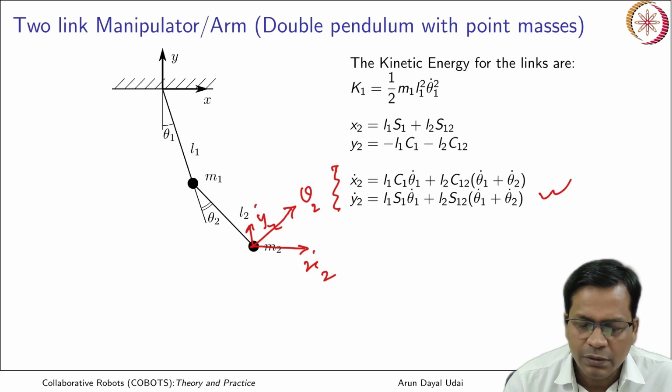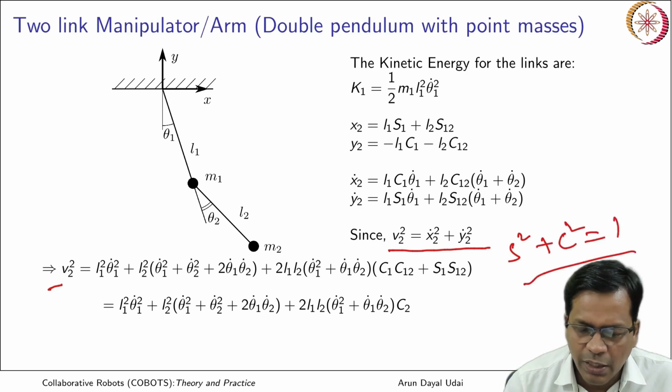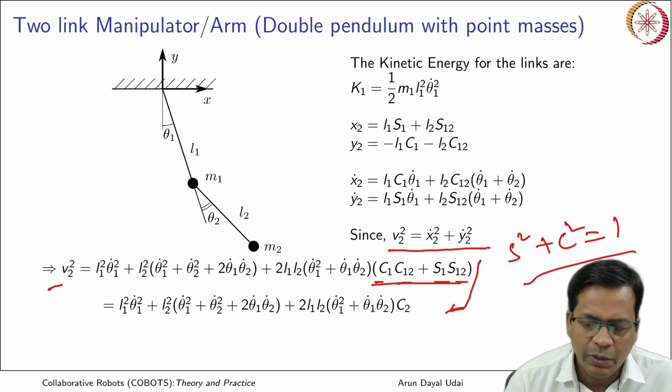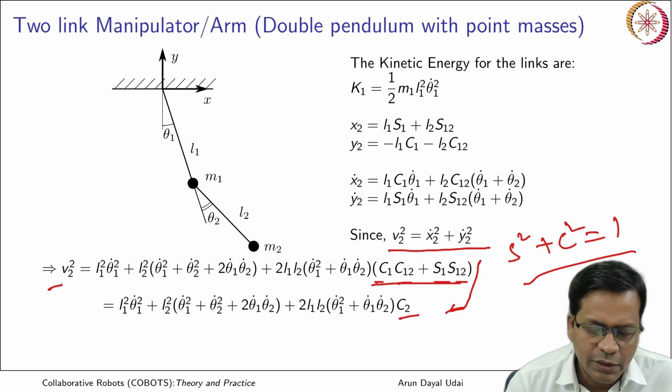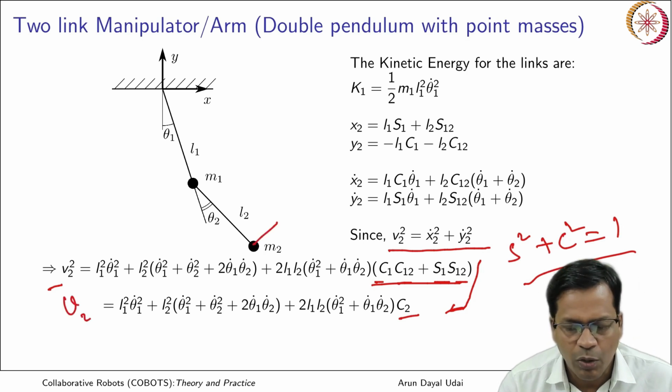So v2 becomes equal to this, and I have just eliminated the terms using sin square theta plus cos square theta is equal to 1. This can be reduced to this, and I have also used cos A cos B plus sin A sin B, as you know, a trigonometrical identity. Using that you can reduce it to this. So these are a few identities which are used here to reduce it, and I got v2, that is the velocity for the bob 2.